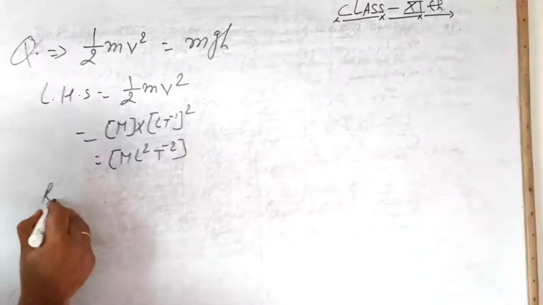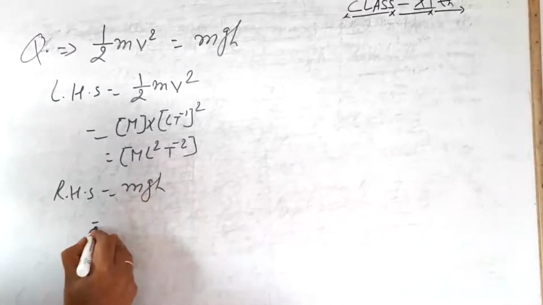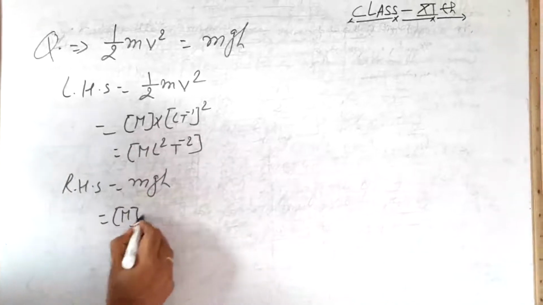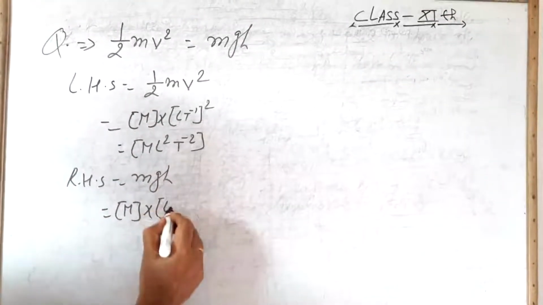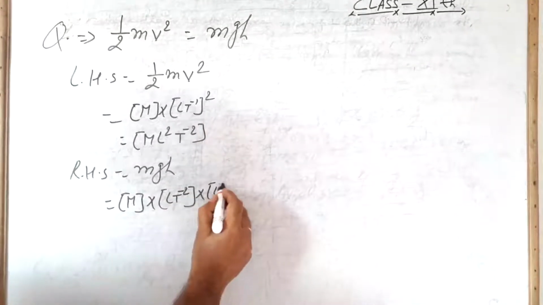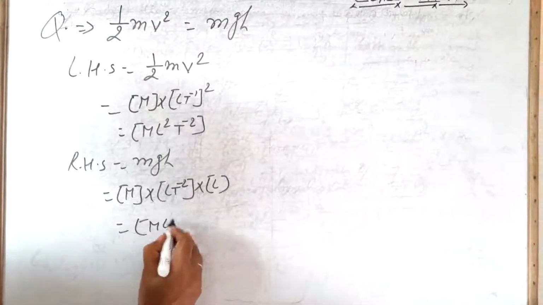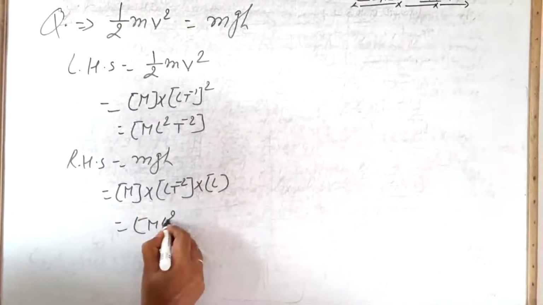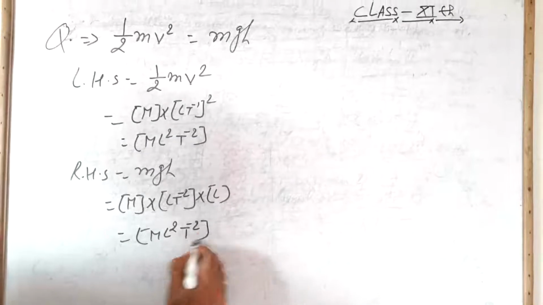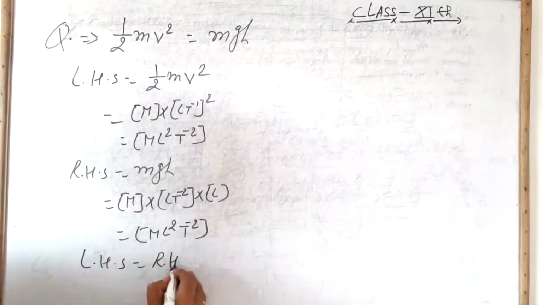RHS is mgh: m for mass, g for acceleration is L T inverse 2, and h for height is L. So it becomes M L to the power 2 T to the power minus 2. Students, you have seen that LHS equals RHS, so this equation is also correct.